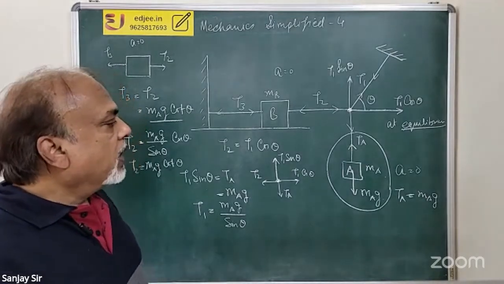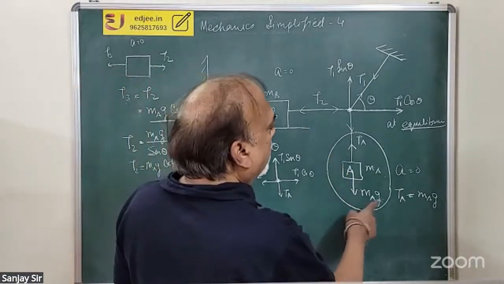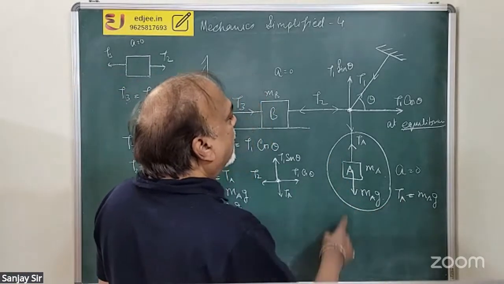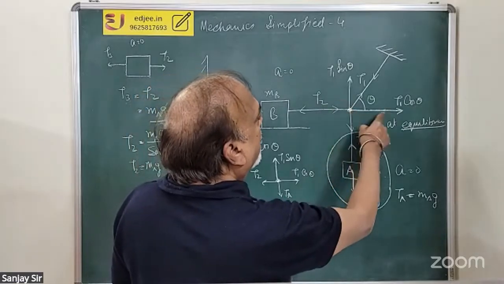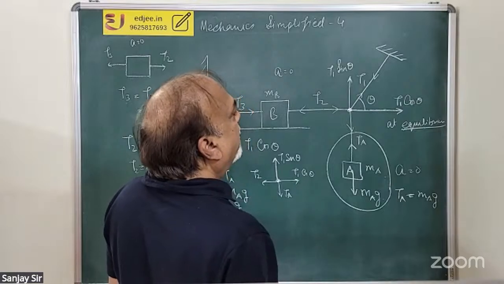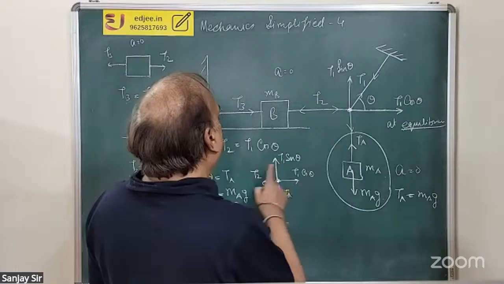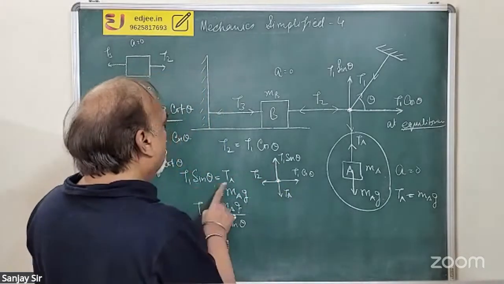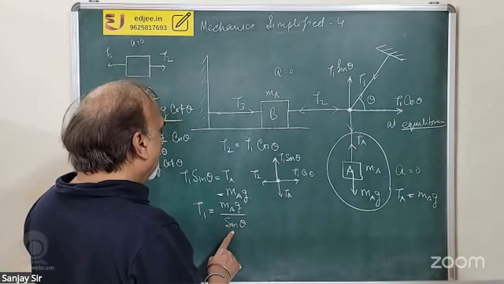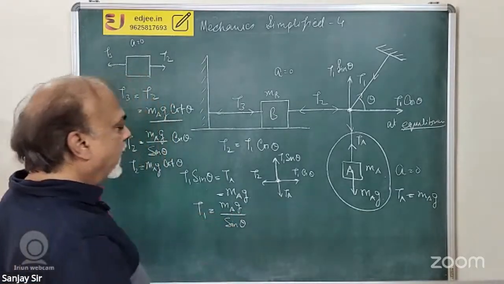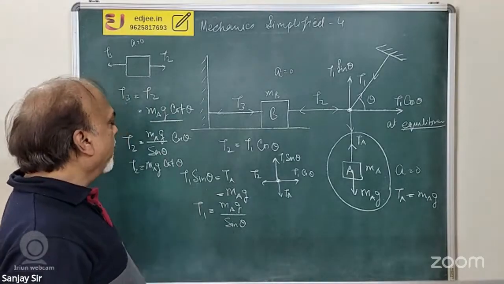Correct? We can again see this. TA is equal to MAG. Then TA is equal to T1 sine theta and T1 cos theta. T1 sine theta is equal to TA, and that is MAG, and T1 is MAG upon sine theta. Correct?